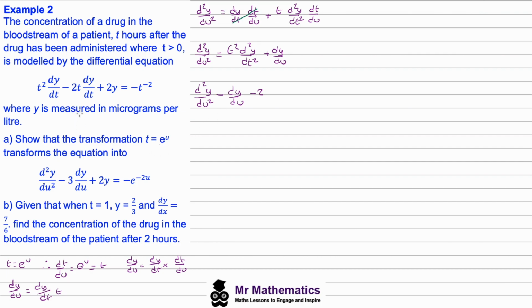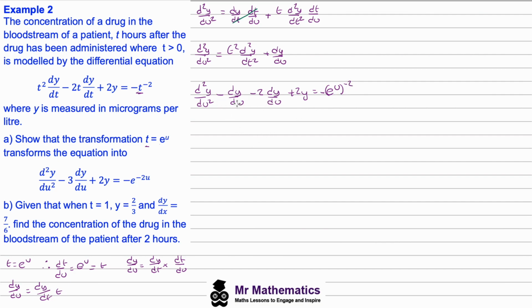Well, we've got t dy by dt here, and this is simply dy by du. Then we'll add 4y, and that will equal negative t to the negative 2. But we know that t is e to the u, so this will be negative e to the u to the negative 2.